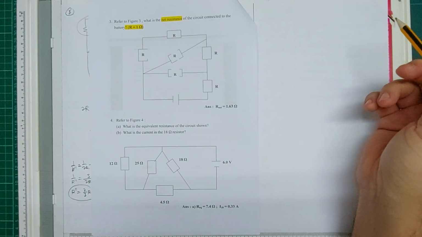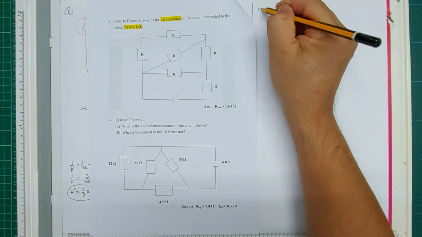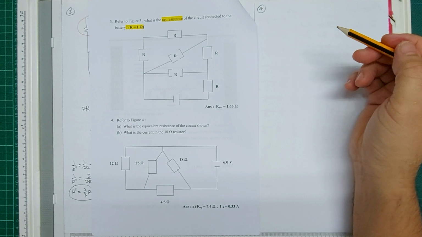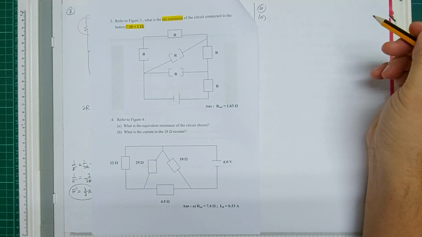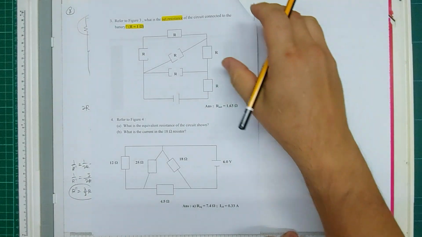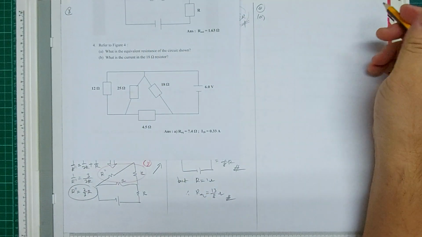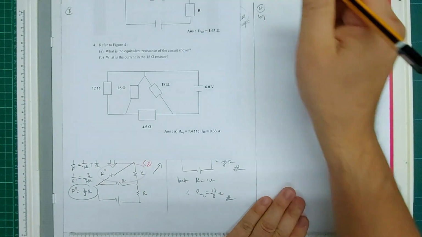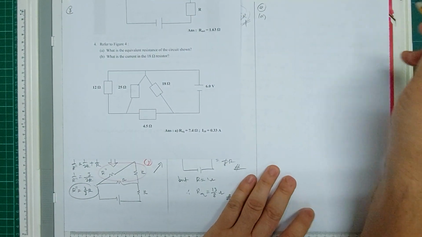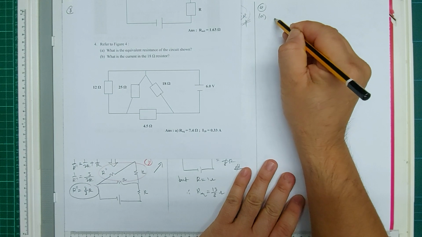Okay, next. Question 4. Question 4A. What is the equivalent resistance of the circuit shown? Here you have to combine all of them. So this diagram is actually quite the same as this one. So we draw them in a proper manner.